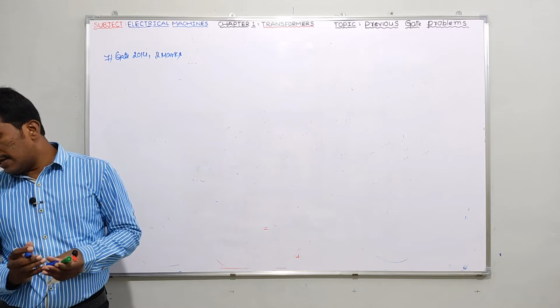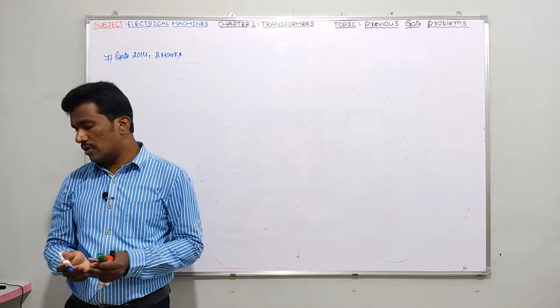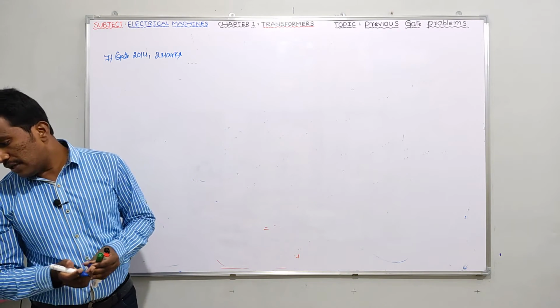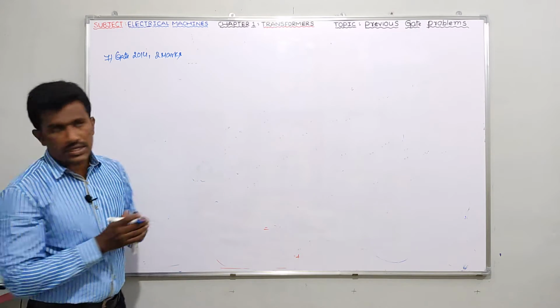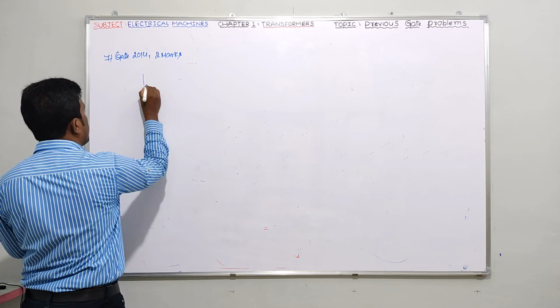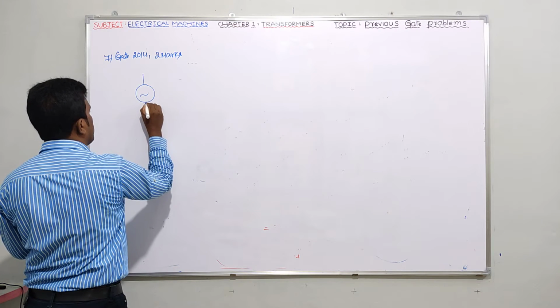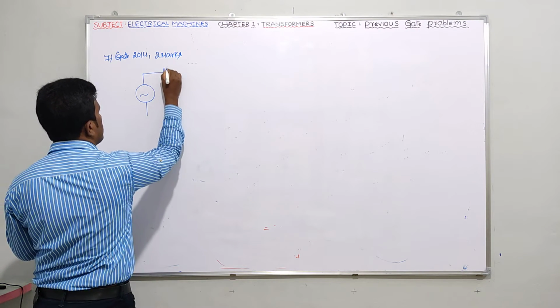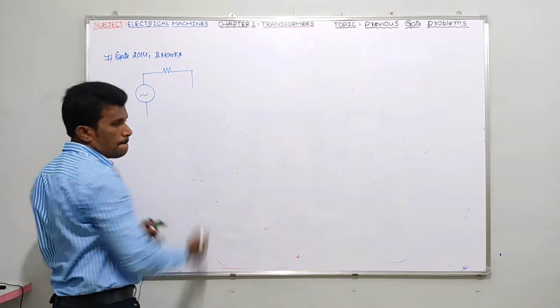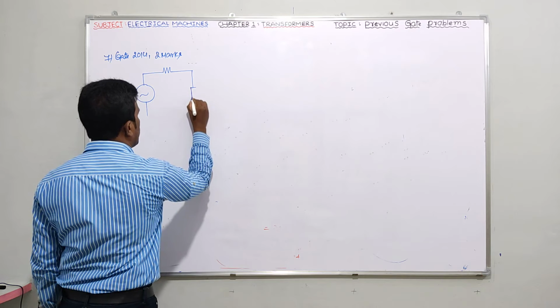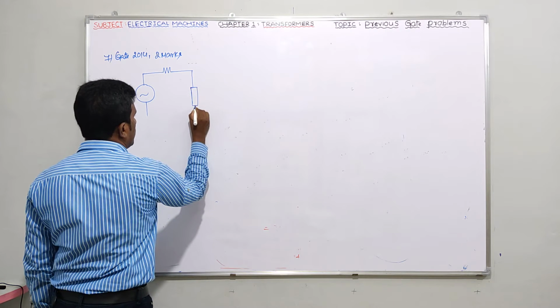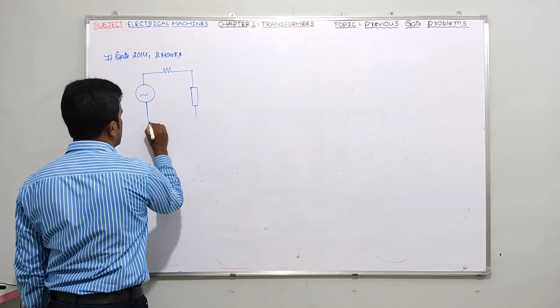The load shown in the figure absorbs 4 kilowatts at a power factor of 0.89 lagging. First of all, let me draw whatever figure he has given. In the meanwhile, please try to study the question.